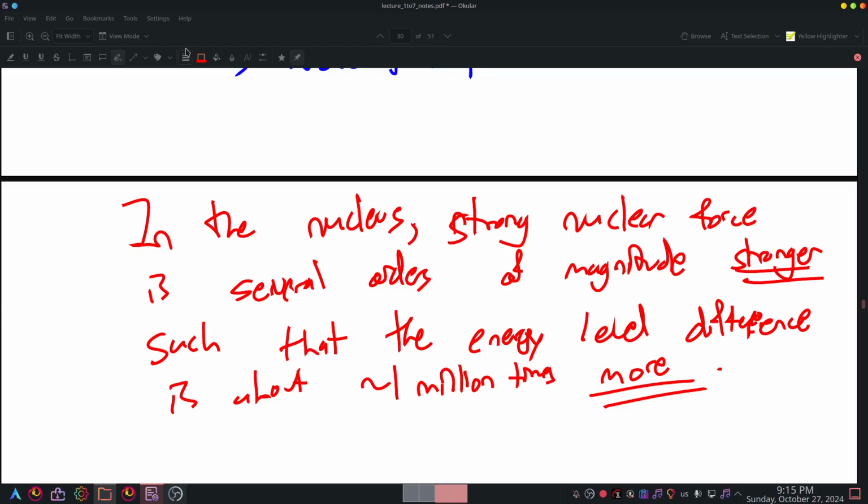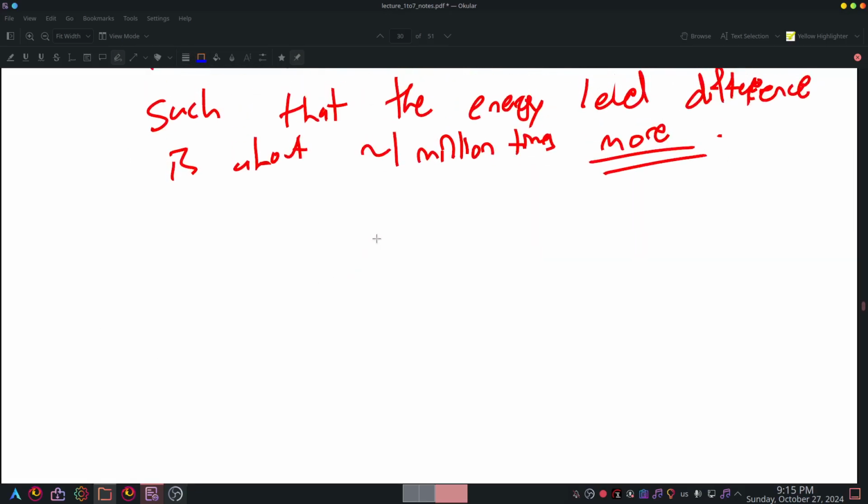Okay, pardon the handwriting. So let's put this for scale. This is kind of laughable, but this is the energy of electrons. We use electron volt as the unit of energy. 1 eV equals 1.602 times 10 to the minus 19 joules.